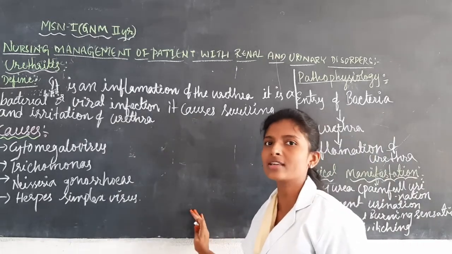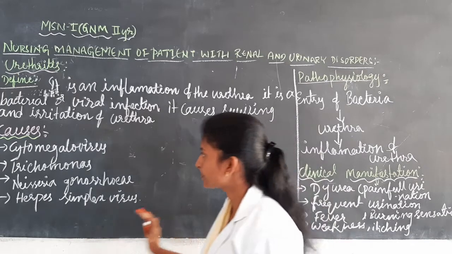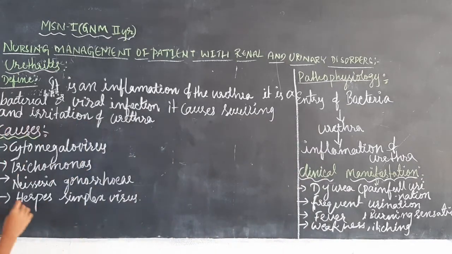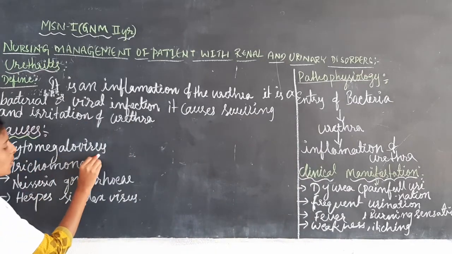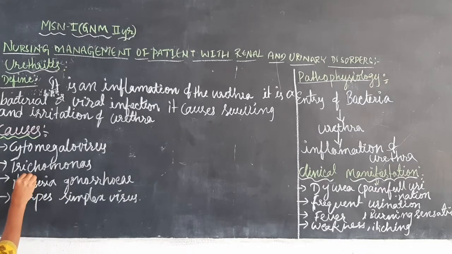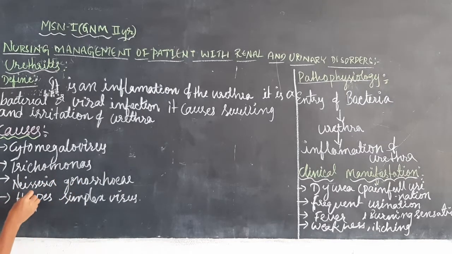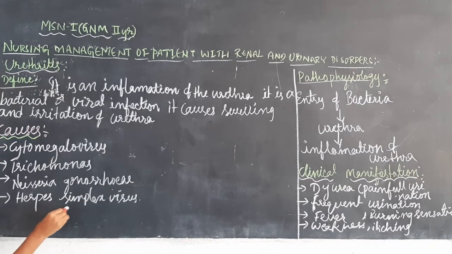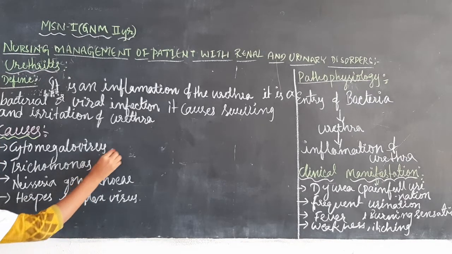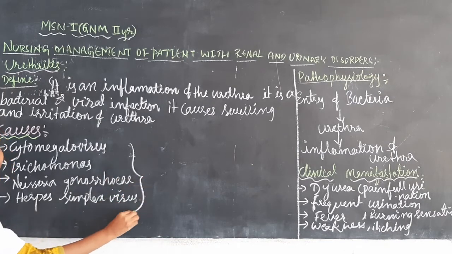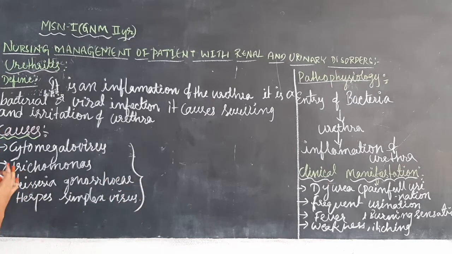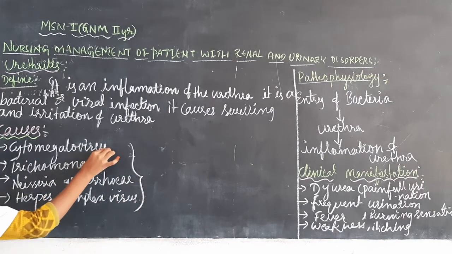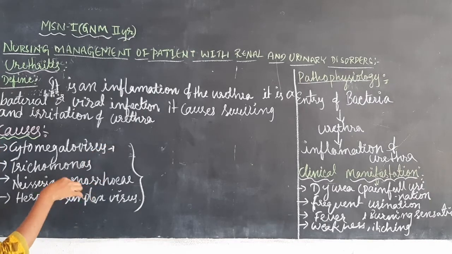Next we will see the causes of urethritis. First one is cytomegalovirus, second one is trichomonas, third one is Neisseria gonorrhea, next herpes simplex virus. So these are the organisms that lead to urethritis. Due to cytomegalovirus there is a chance to get bacterial urethritis.